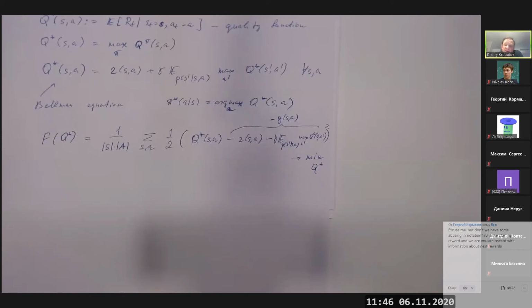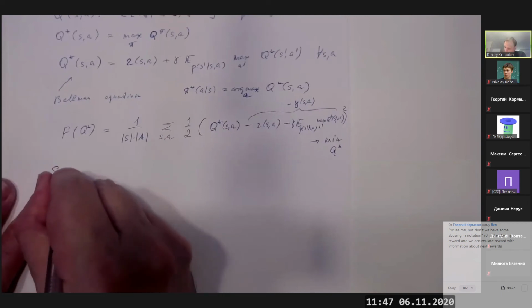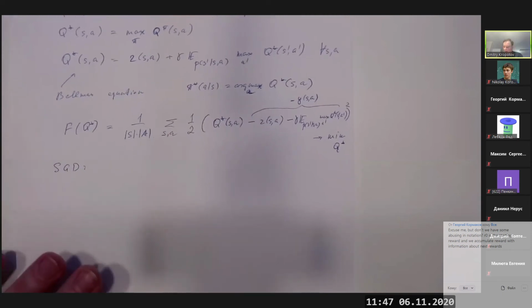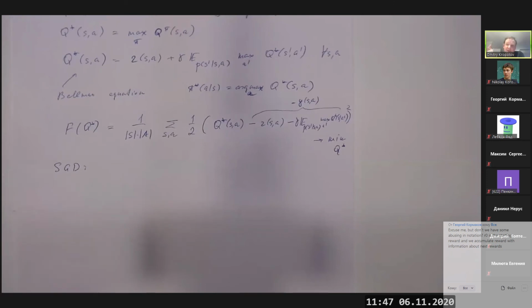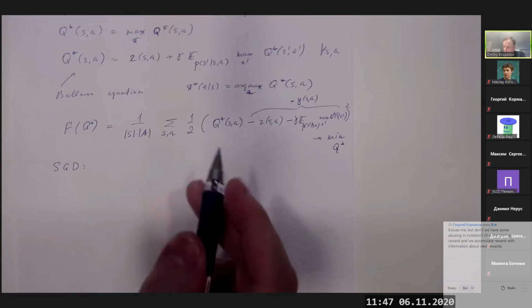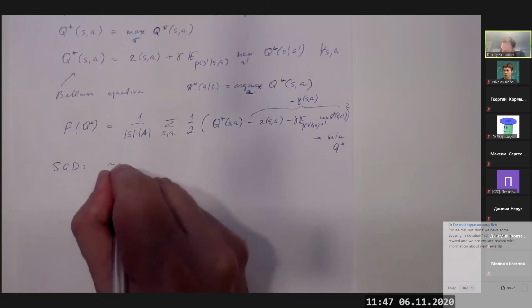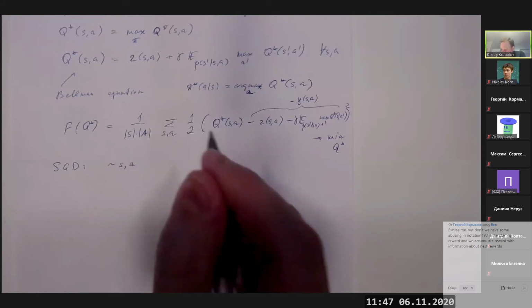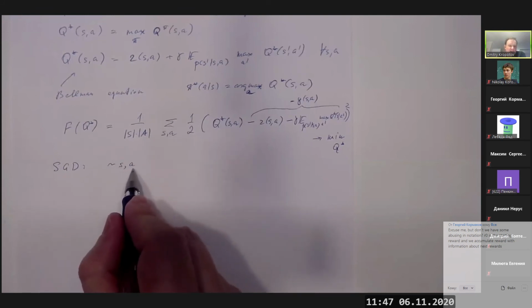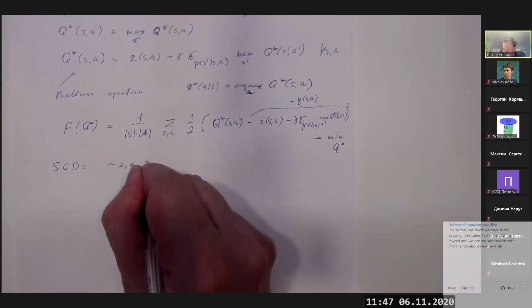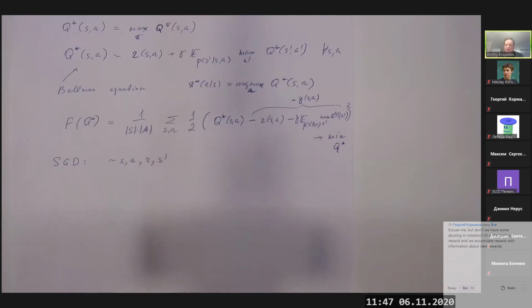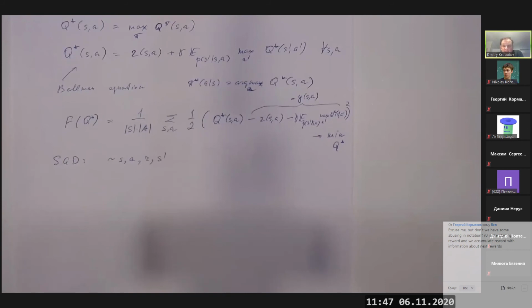And what we do next, since we are able to sample from a set of states and actions, is just apply a stochastic gradient step. So we just apply SGD here. At a particular time moment, we sample a mini-batch of states and actions, in the simplest case just one object. So we sample state, action. Then making this action, we get some reward and go to the next state s prime.